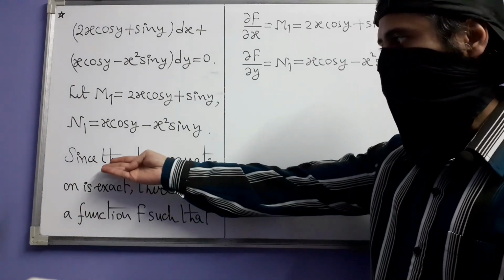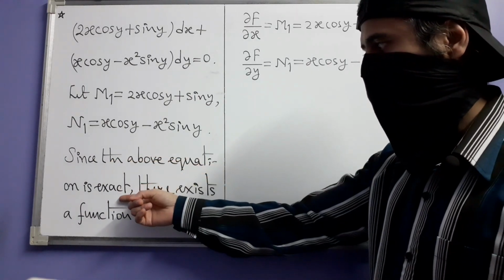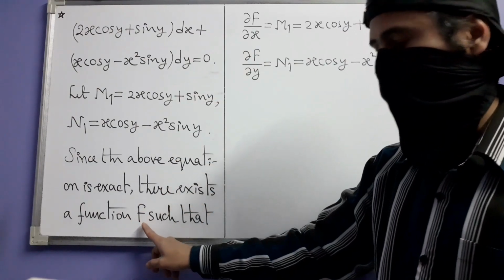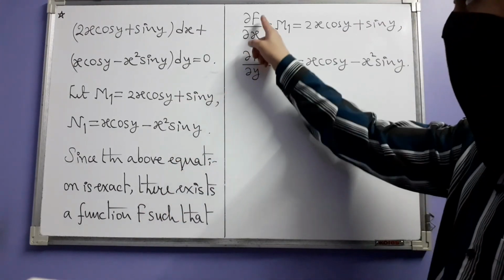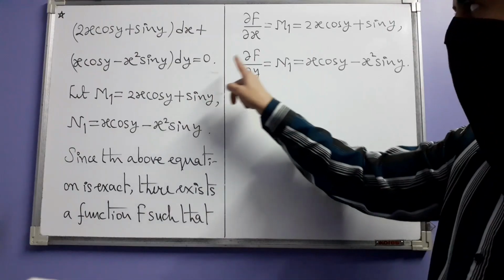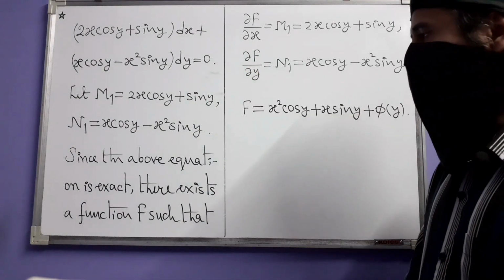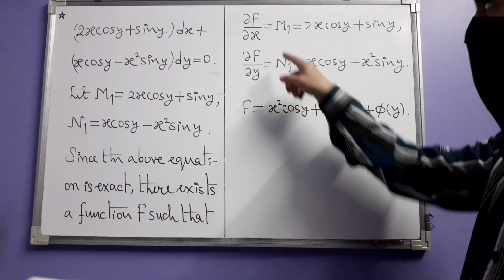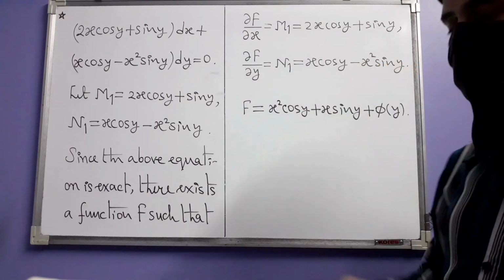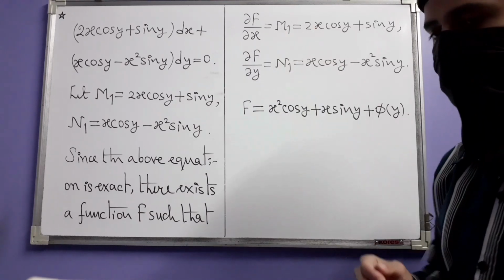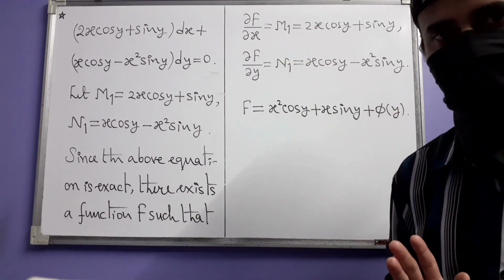Hence we next write like this: since the above equation is exact, there exists a function capital F such that ∂F/∂x is M1 and ∂F/∂y is N1. So next, according to the procedure, you integrate this first equation partially with respect to x.